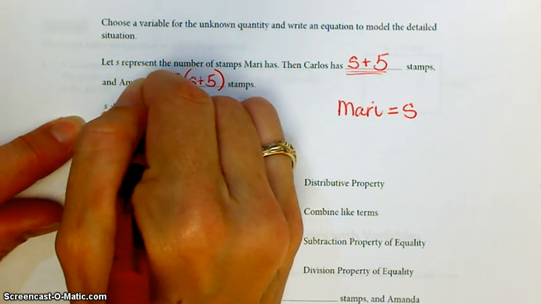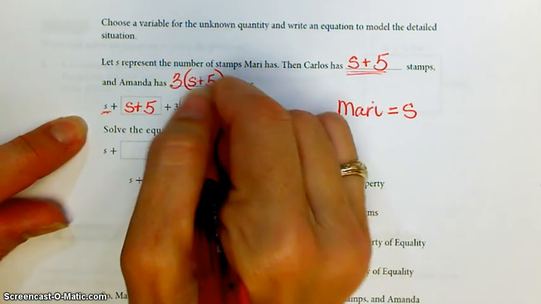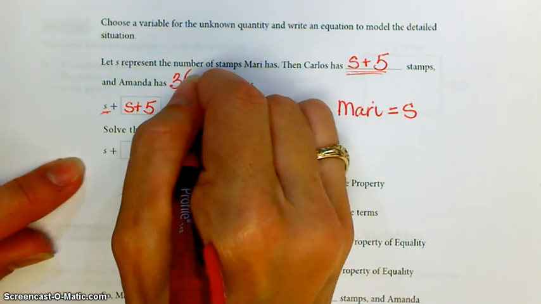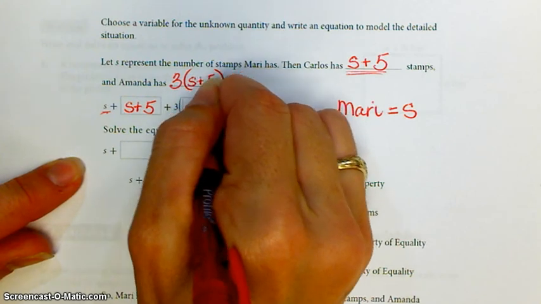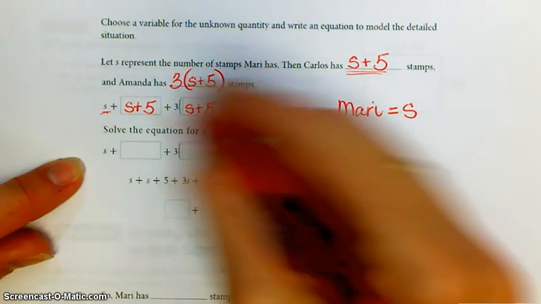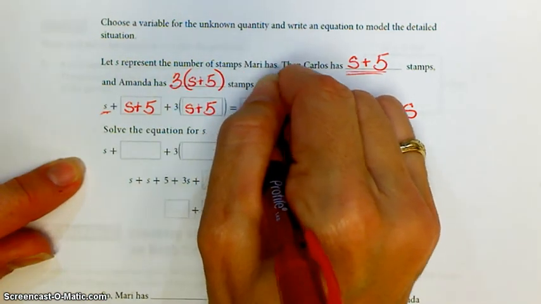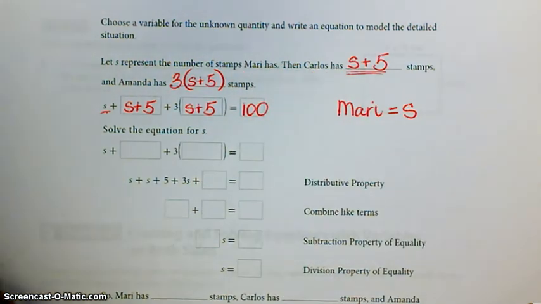This is Carlos. And 3 times what Carlos has is what Amanda has, and the grand total is 100. Okay? 90% of the battle is just figuring out how to write the equation. Solving is actually easy. It's figuring out how to write the equation that's sometimes an issue.